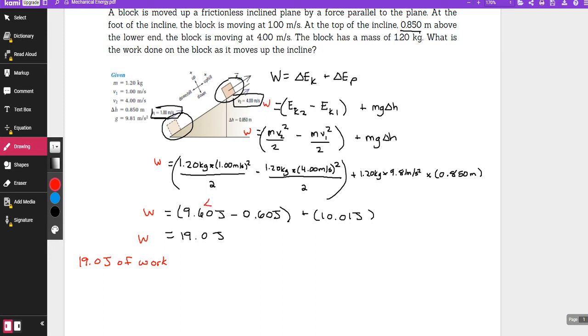This tells us the change in the kinetic energy, and this tells us the change in the potential energy. So our EK, the kinetic energy, was equal to 9. And then our potential energy was equal to, rounded, 10.0.